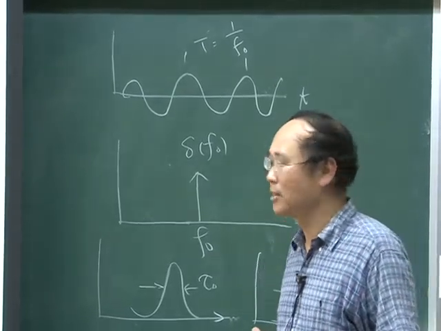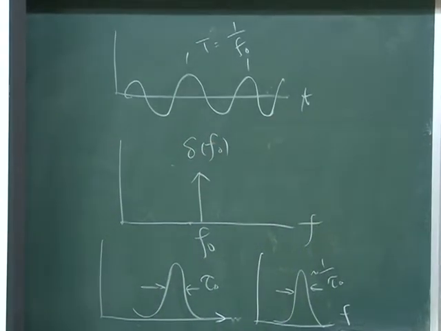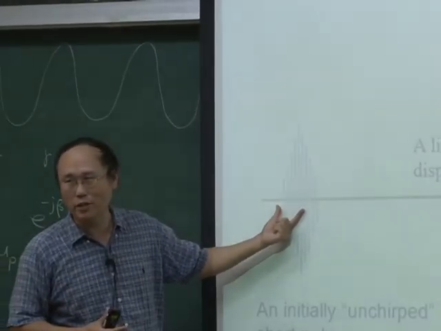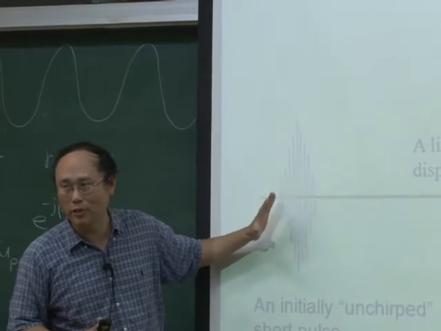Okay. 所以呢，当你看到 if you have a pulse-like signal in your transmission line, this means that there's a lot of frequency components inside.